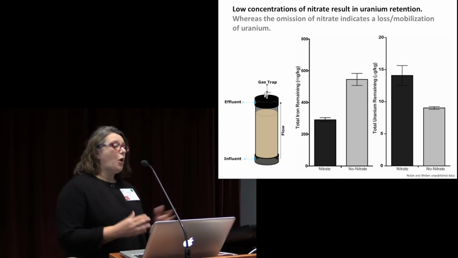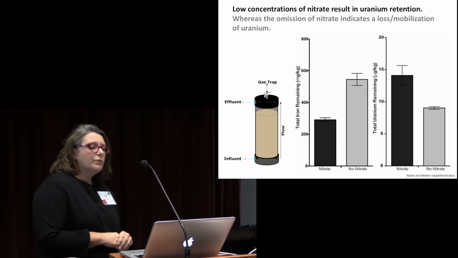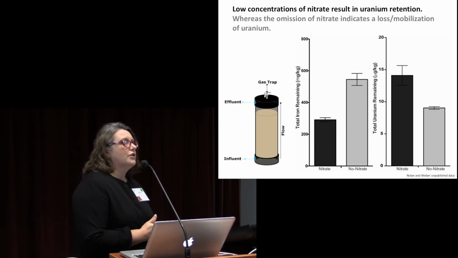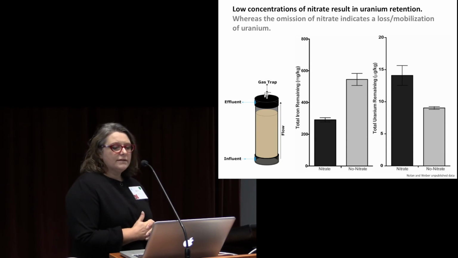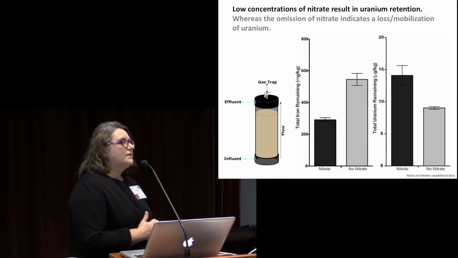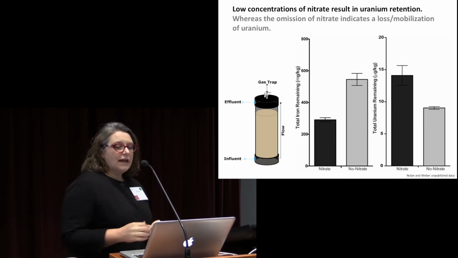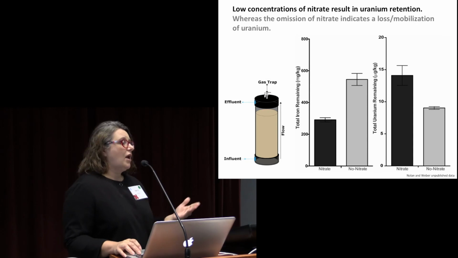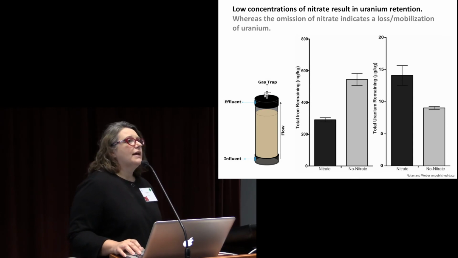Whereas when we omitted nitrate from the system, we saw a loss or mobilization of uranium from the system. So this indicated to us that perhaps there is a tipping point where nitrate, as an oxidant introduced into these reduced systems, could actually start stimulating organic matter decomposition, which leads to uranium reduction and retention.